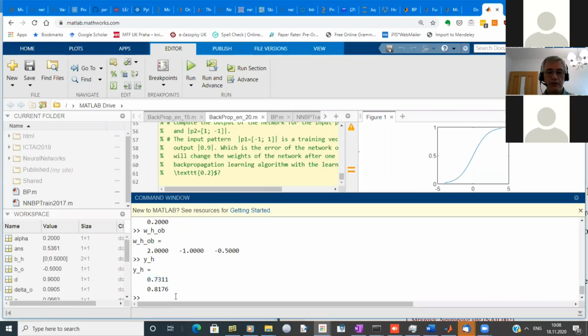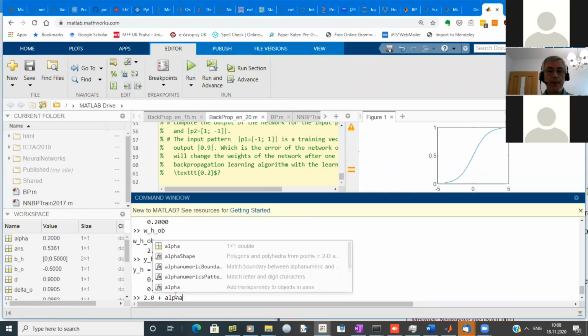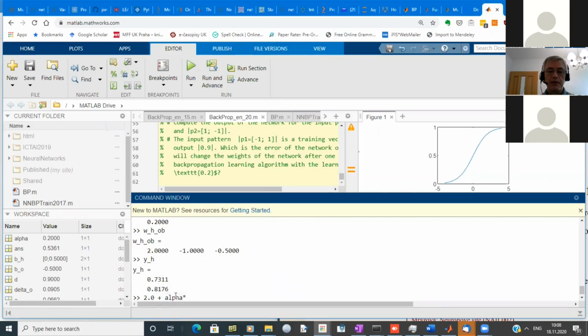So the new weight: original weight is 2 plus alpha times delta on the output neuron, times the output on the first hidden neuron, and this is actually Y01.